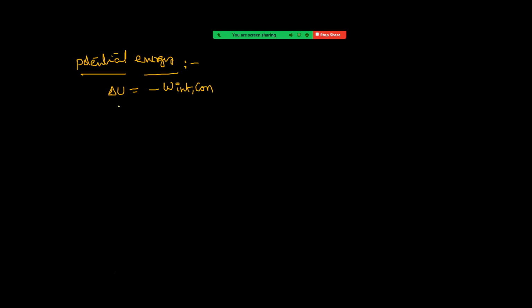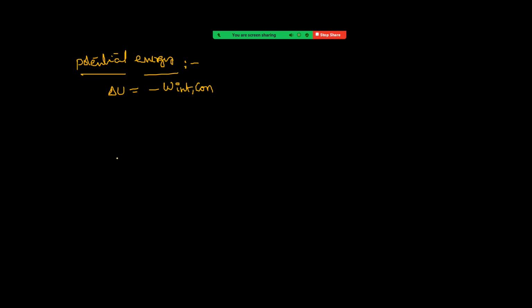We discussed this first in work, energy, power, and second recently while discussing potential energy of 2 point charges, where we got the relation kQ1Q2 by r. Now once again it is the same thing: delta U equal to negative of work done by internal conservative forces.